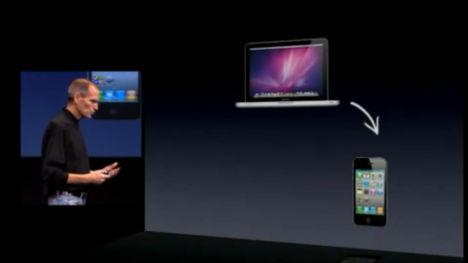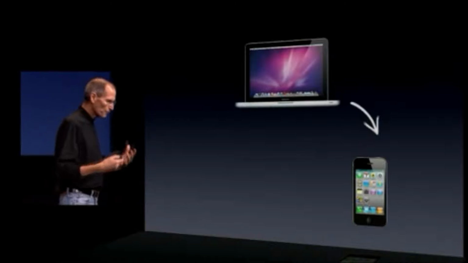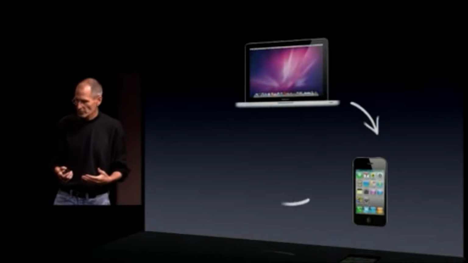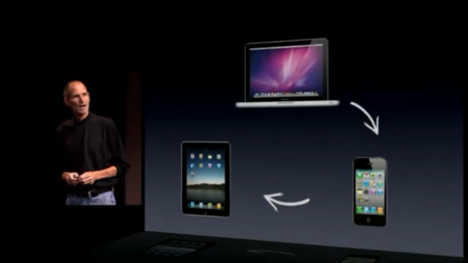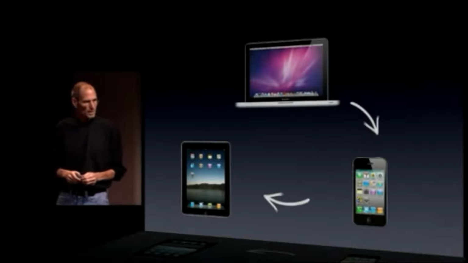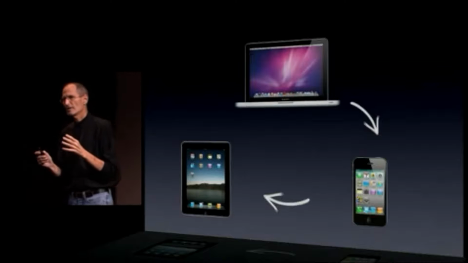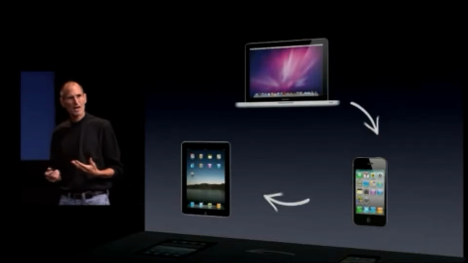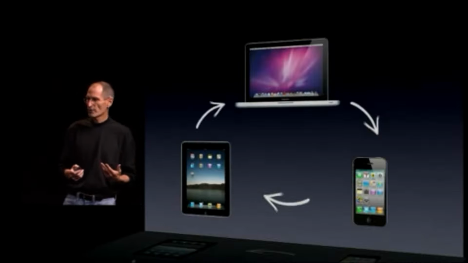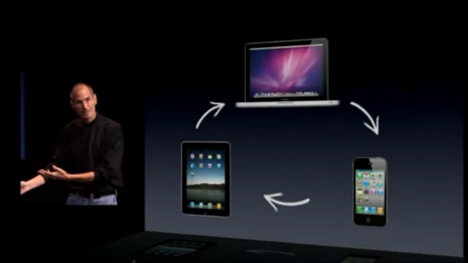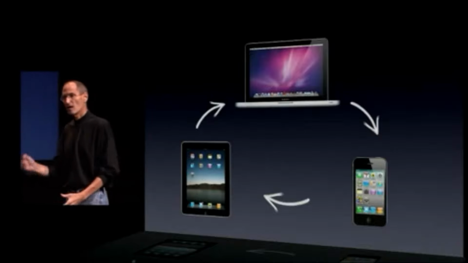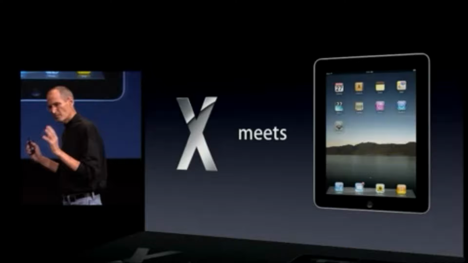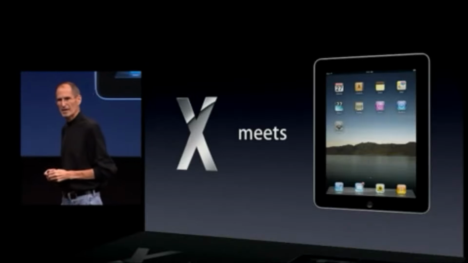And we invented some new things, and we've perfected it over the last several years, and it's now used in the iPad as well. We're inspired by some of those innovations in the iPad and the iPhone. We'd like to bring them back to the Mac. And so that's what Lion's about. Mac OS X meets the iPad.